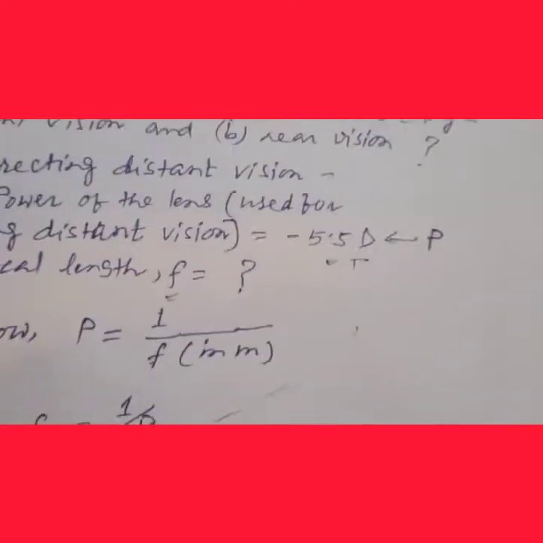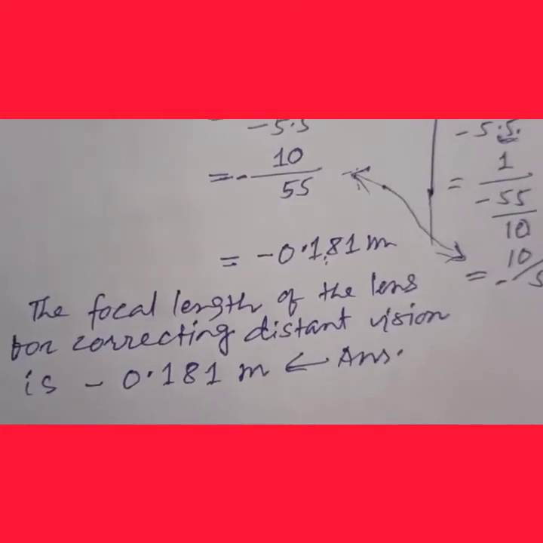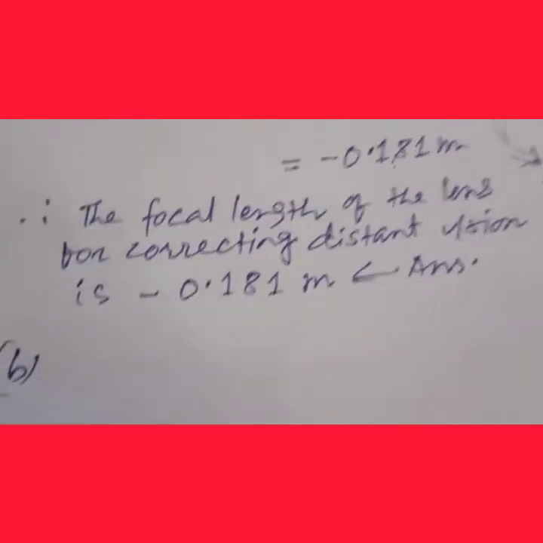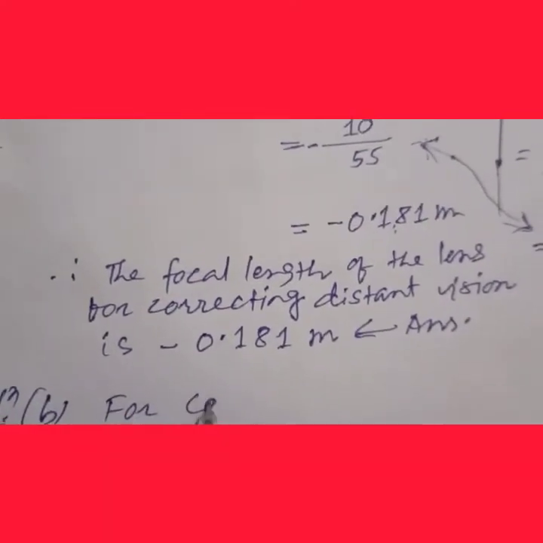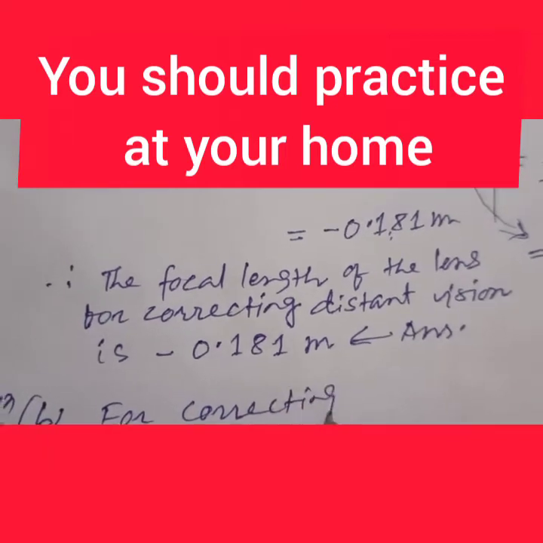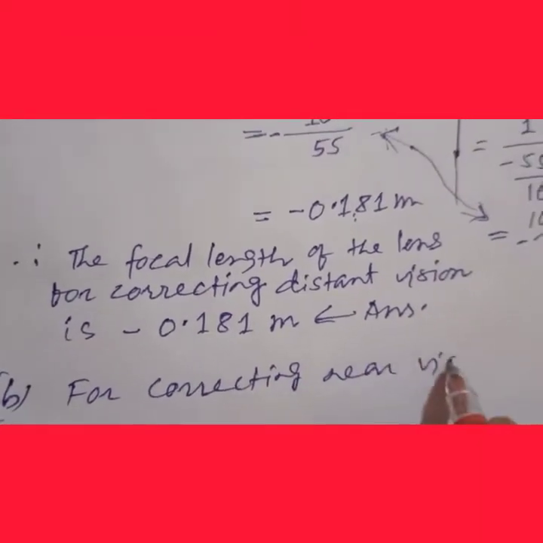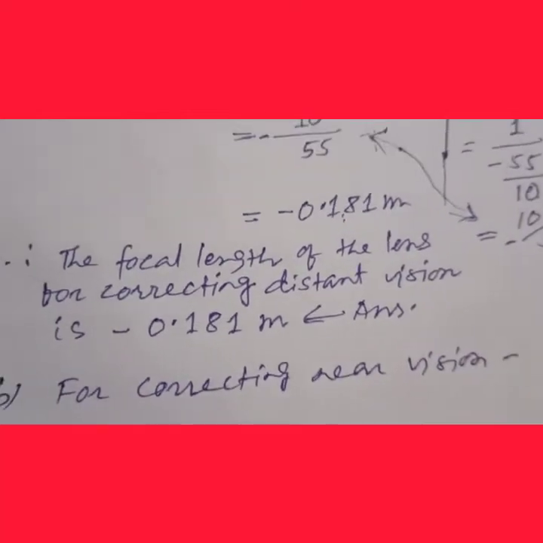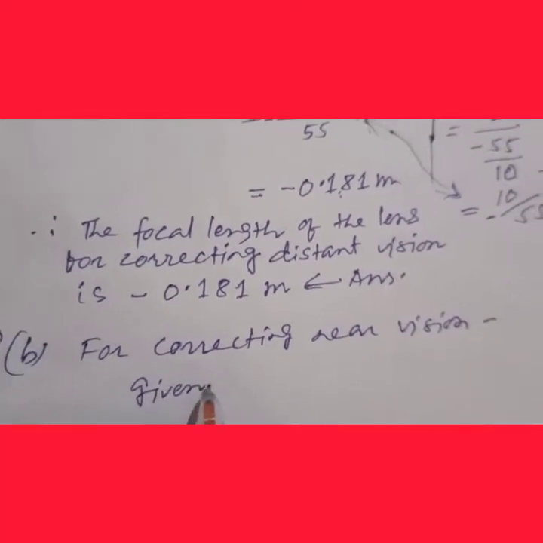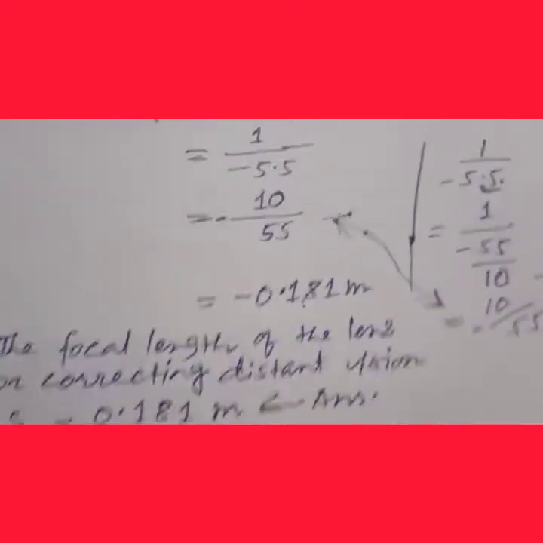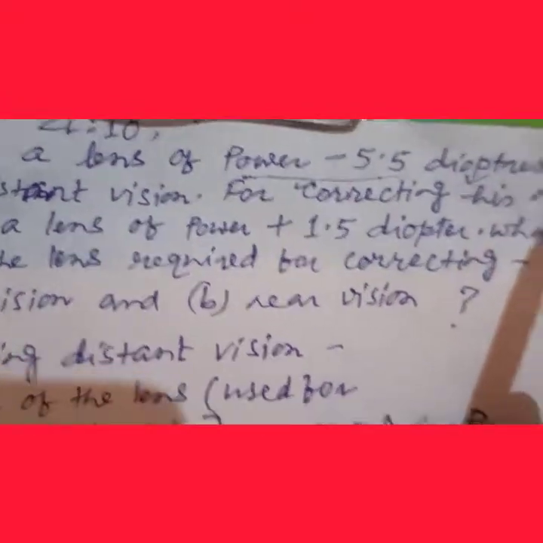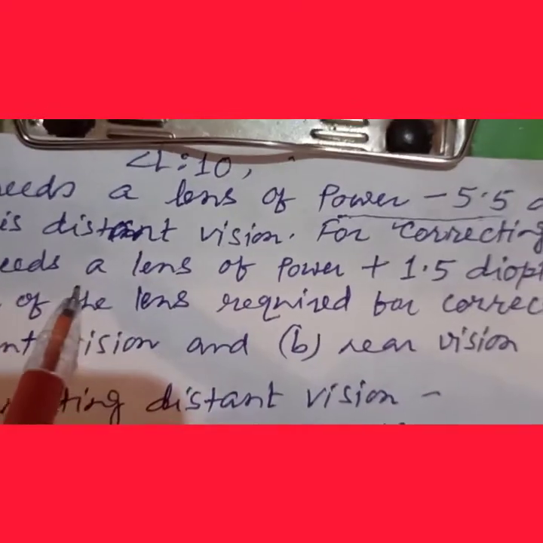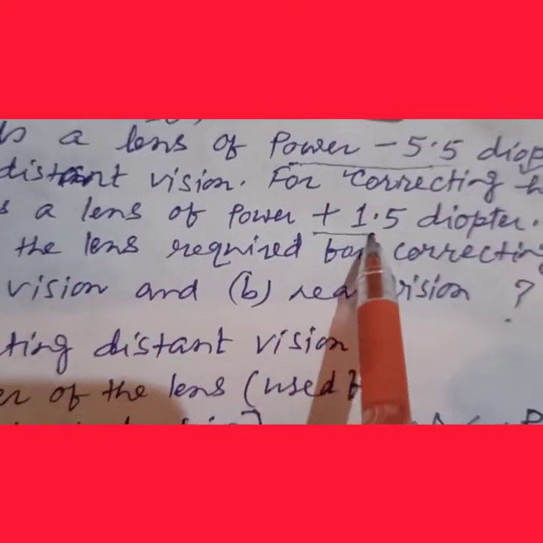For the second part, that is near vision, you write down here B. There also, write your solution the same way. It is given for correcting near vision that P, the power of the lens, equals plus 1.5 diopter.